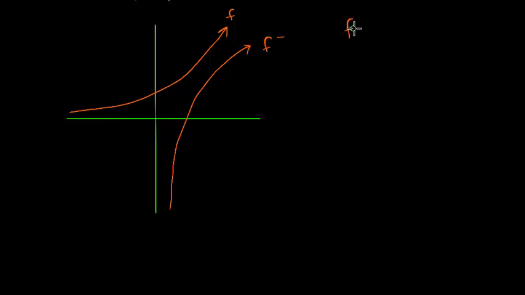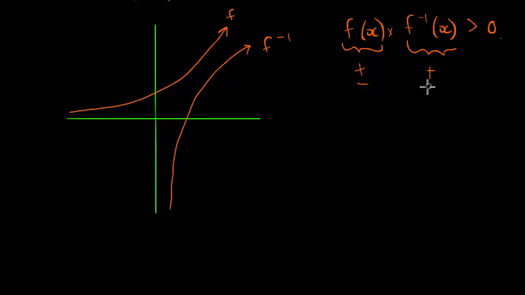Now they ask me, when is f times its inverse greater than 0? What it's asking me is, where is this one positive and that one positive at the same time? Or this one is negative and that one is negative at the same time.